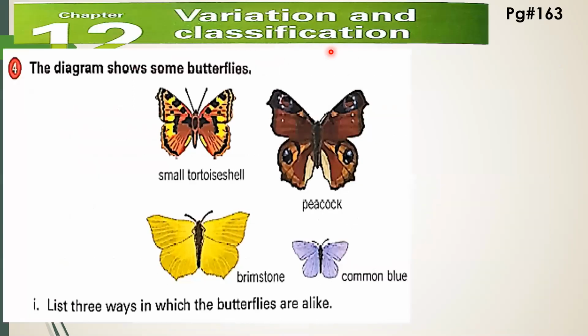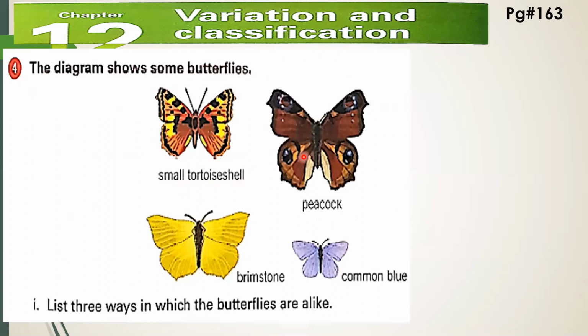Come towards question 4, page 163. The diagram shows some butterflies. The first one is the small tortoiseshell butterfly. The second one is the peacock butterfly.